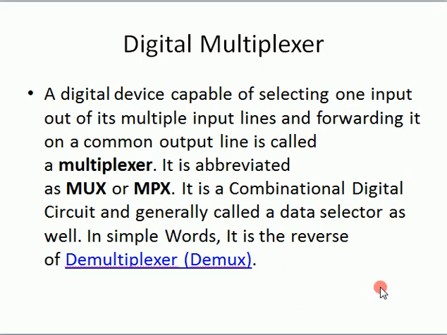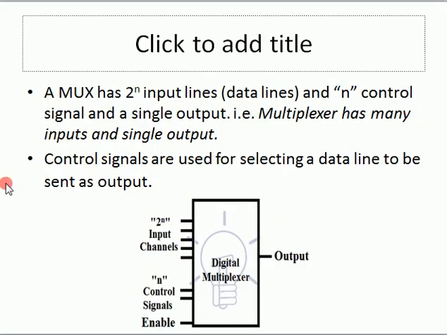The most important thing in digital multiplexers are the data selector lines. These are the lines that will select which input will be forwarded towards the output line. Here you may see that a mux has 2 raised to the power n input lines, that are the data lines, and n control signals, and a single output.